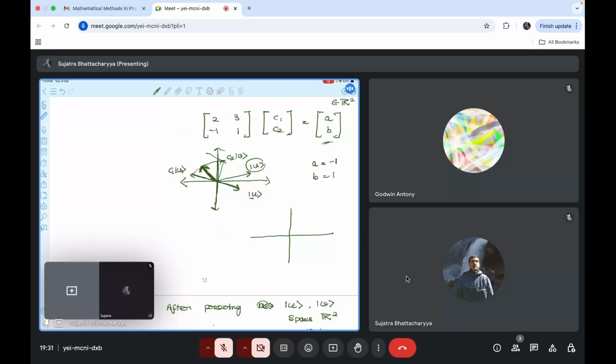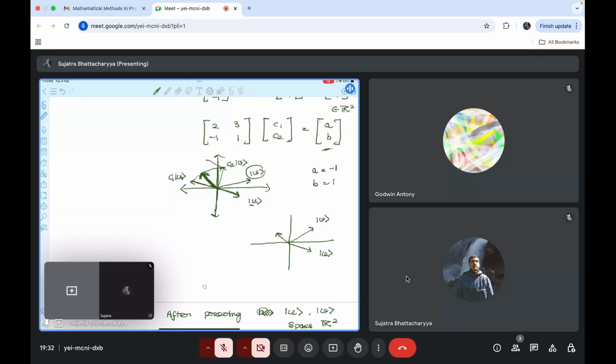This is u and this is v, and this is minus 1, 1. That means x is minus 1 and b, that is y, is somewhere 1, right? Somewhere here.